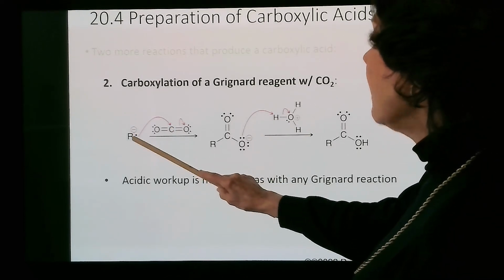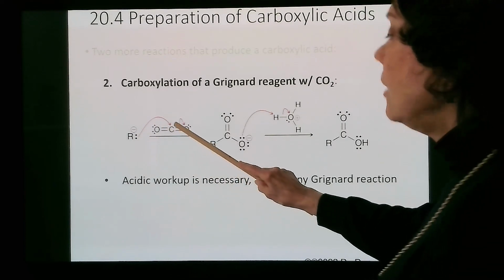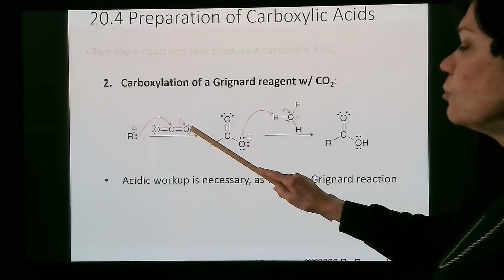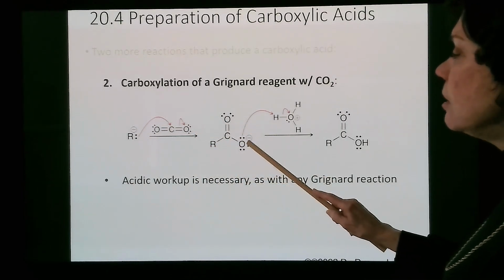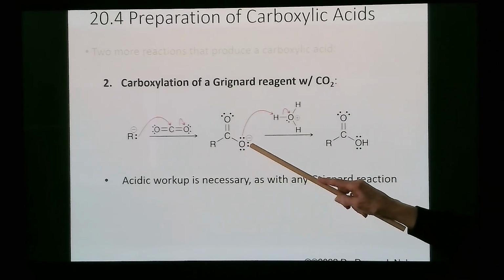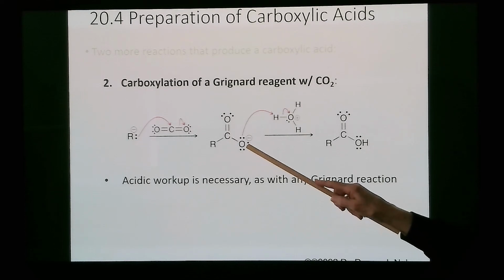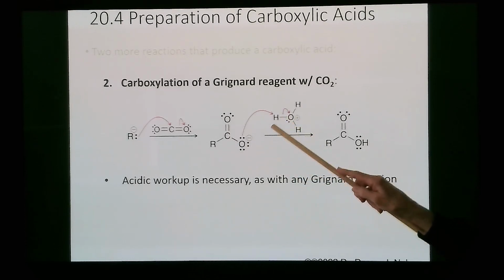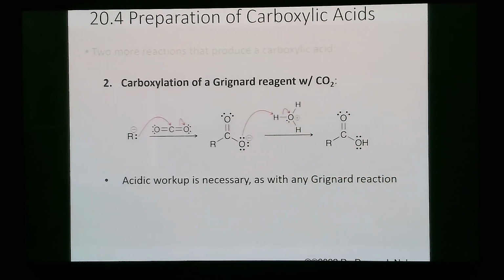So the anion of the Grignard reagent attacks at carbon. Pair of electrons moves out onto oxygen. So here is the carboxylate that results, and then this simply picks up a proton to give you the carboxylic acid.